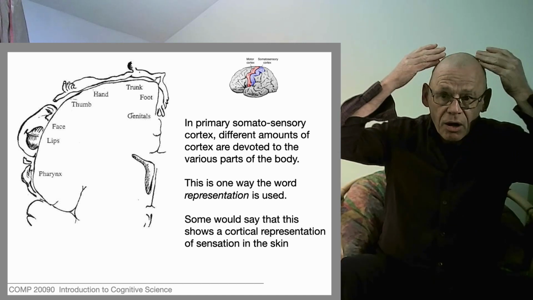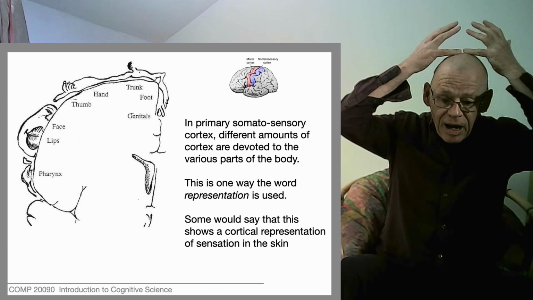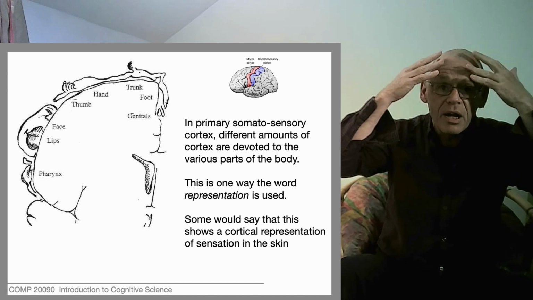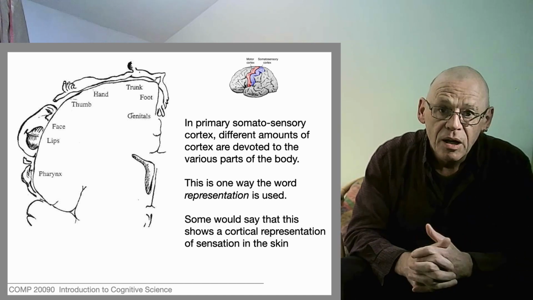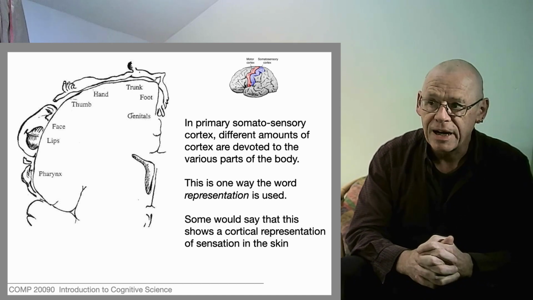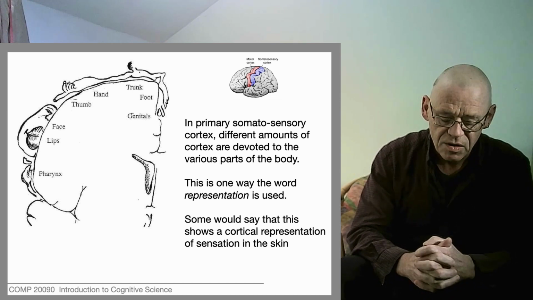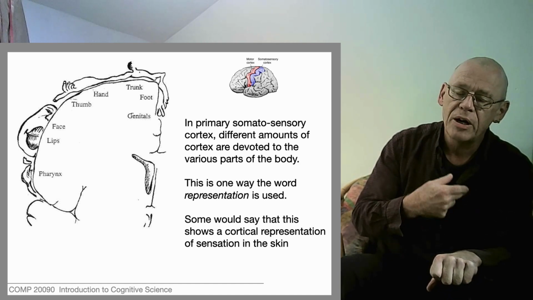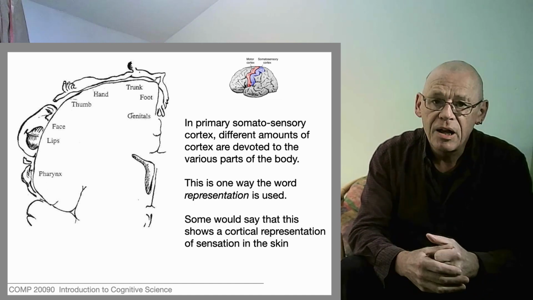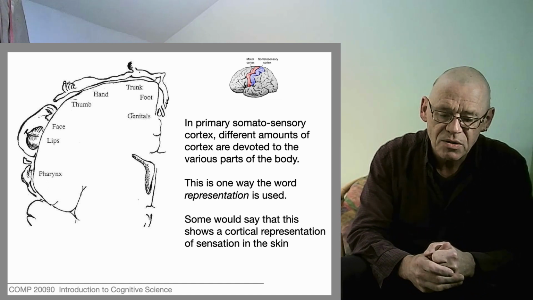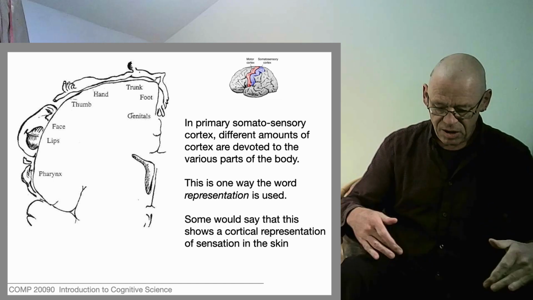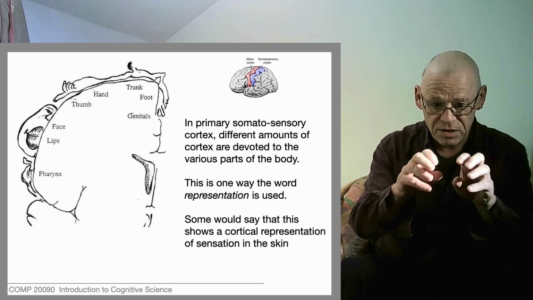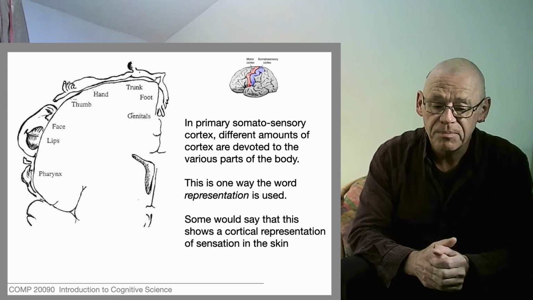It's at the very front of the parietal cortex, and just beyond that is the boundary between the parietal cortex and the frontal cortex. Here again, we can follow the pathways directly using neuroanatomical methods. We can follow pathways from the skin, where the receptors are, all the way to a corresponding location in primary somatosensory cortex, which means that the surface area of the skin maps to this particular fold in the brain.